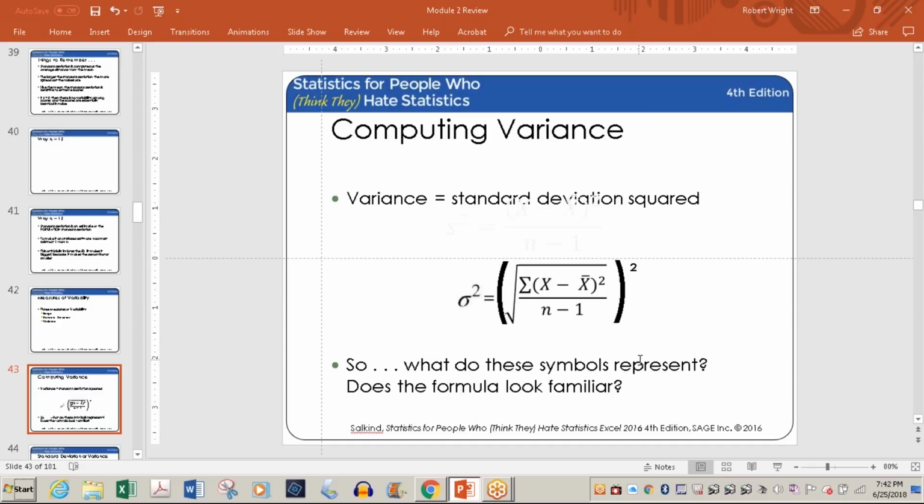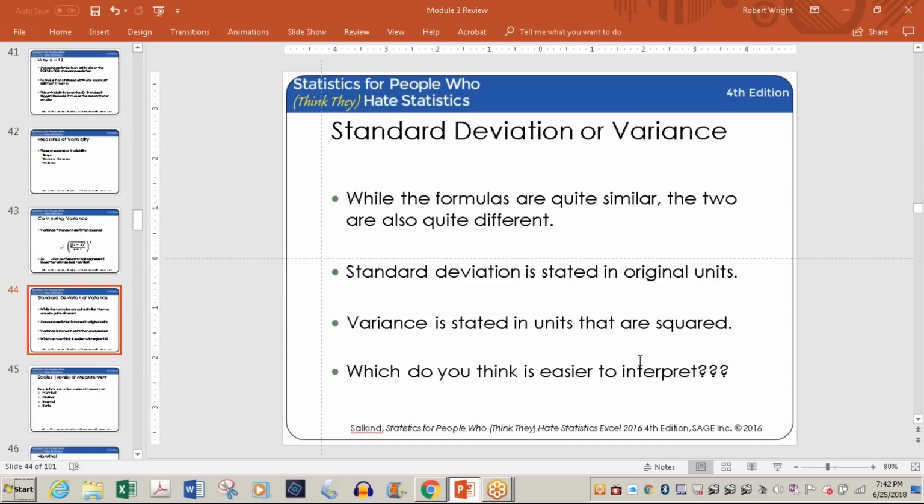And you're saying, well, what good is this? That's a pretty good question, actually. While the formulas are similar, the two are quite different. Standard deviation is stated in its original units, okay? And the variance, though, is squared. They square it so you get rid of negative numbers. Your variance will always be in positive numbers.